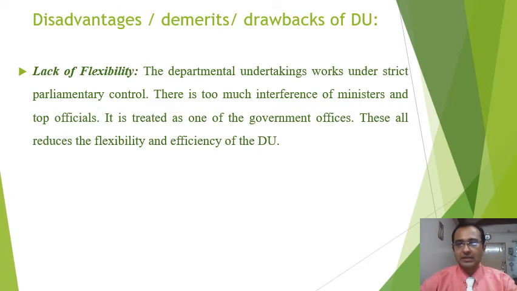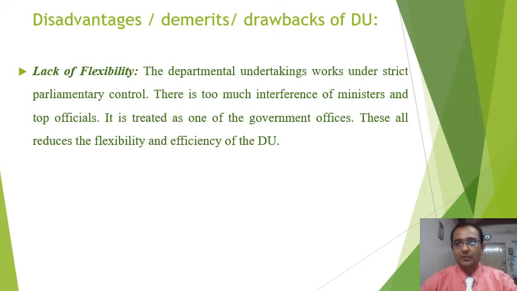Plus, as these departmental undertakings are treated as one of the government offices or departments which work under the ministry of the government, there is too much interference of the ministers as well as the top officials of the government.